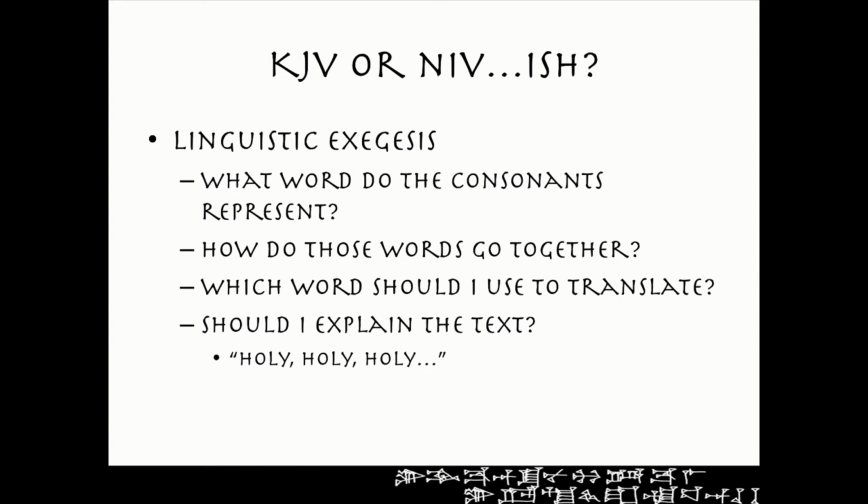Let's take a different example. The word agape in Greek, we would translate as love, right? But there are several different words in Greek for love. And so how do we just say love for all of them? Do we try to nuance it to give a clearer meaning? Do we, as the next point would say, explain the text with the word agape?